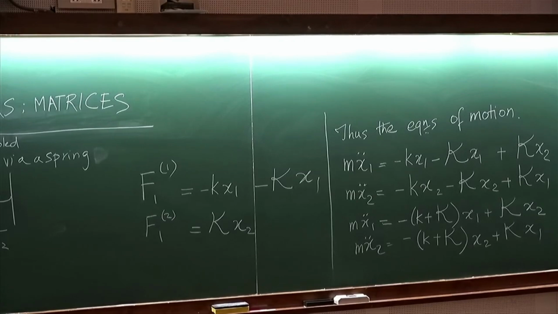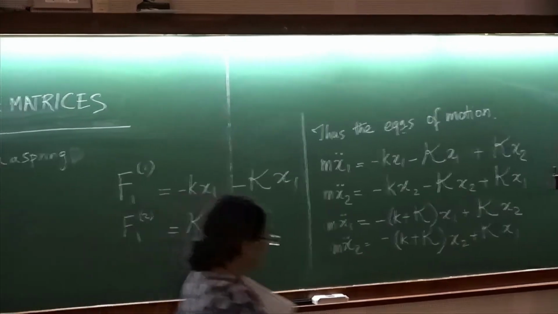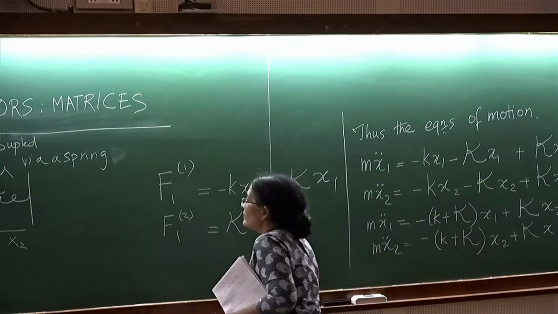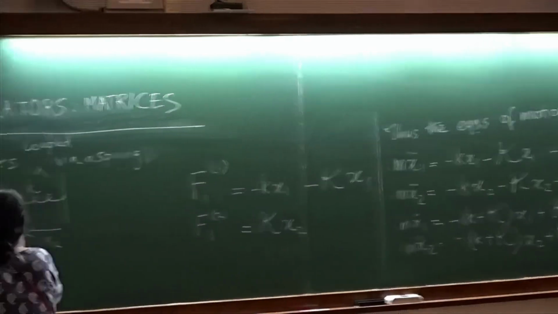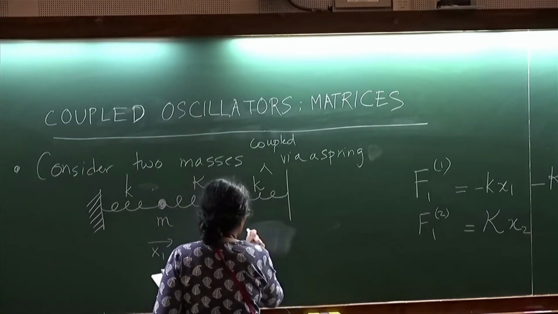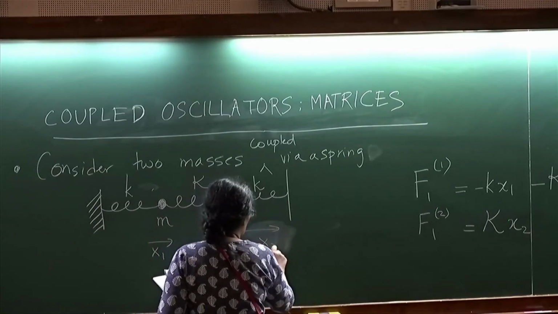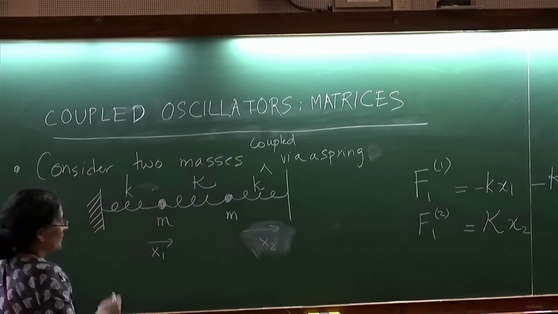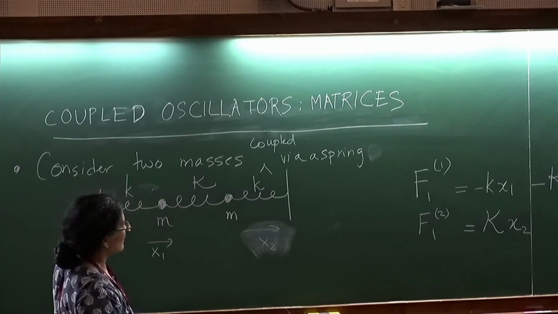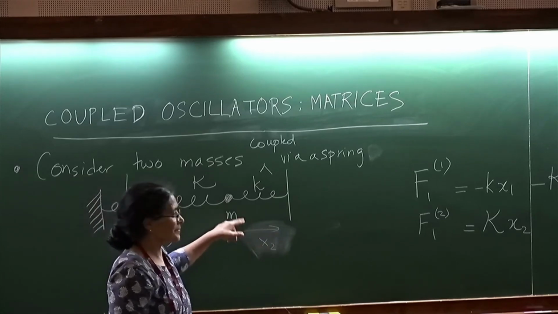Okay, so one thing you notice when I write this thing, oh, sorry. Yeah, the sign error. It should be like this, I think. Let's see if it makes sense. If you pull it like this, then minus kx1. Yeah, x2 is like this.